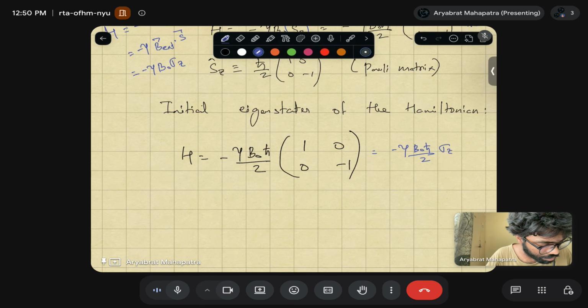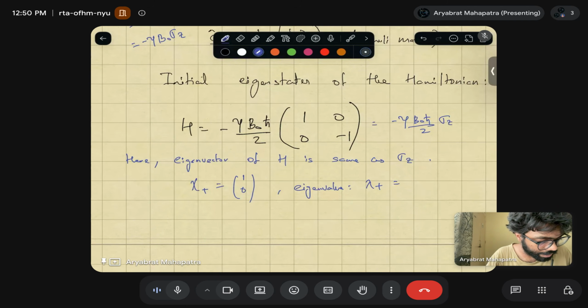These are your up state and down state, which we have discussed a lot during our last session, while doing quantum information. The same way, you will also have eigenvalue lambda minus, which is plus gamma b naught h bar by 2.